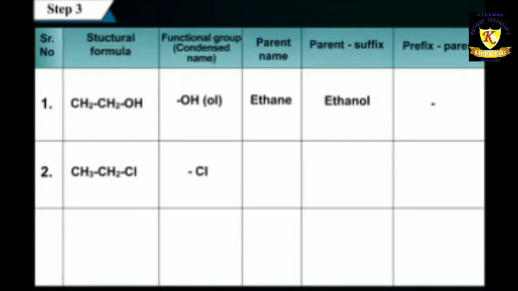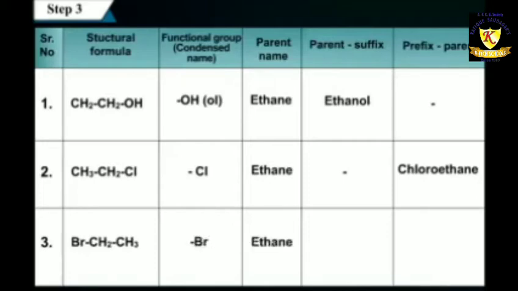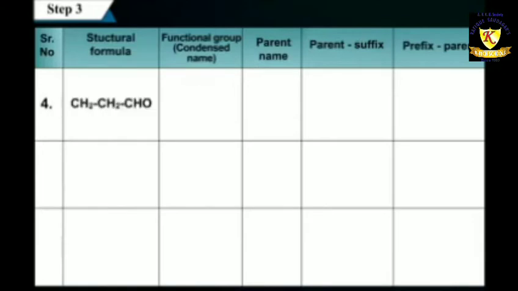Functional group Cl, that is chloro, and parent name ethane. Prefix plus parent: chloroethane. Third, BrCH2CH3. Functional group Br, bromo, and parent name ethane, and prefix plus parent: bromoethane.